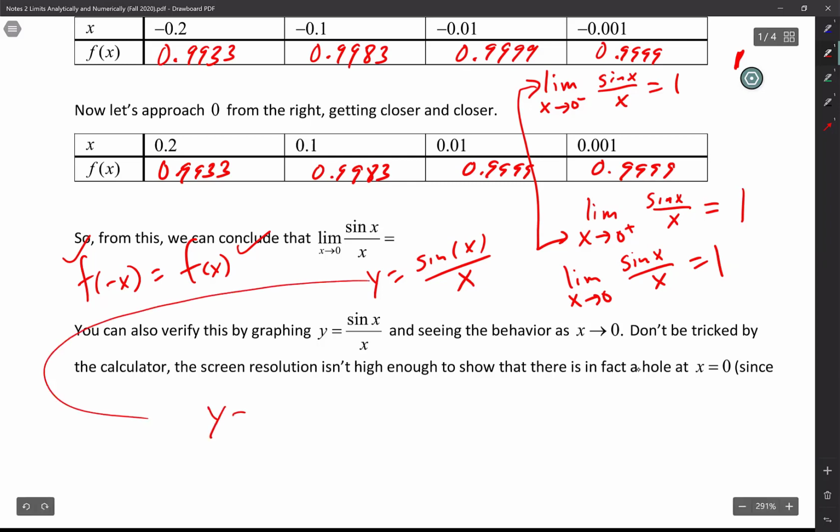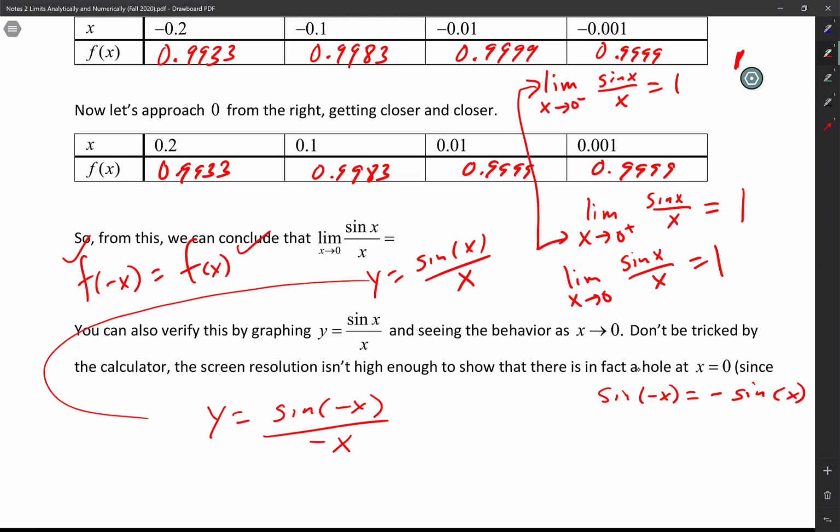If I go y equals sine of negative x divided by negative x, well, remember your properties from Precalc: sine of negative x is equal to negative sine of x. That's just a property from Precalc, right? Sine of pi over 6 is a half, and sine of negative pi over 6 is a negative half. So look what happens if I do that substitution.